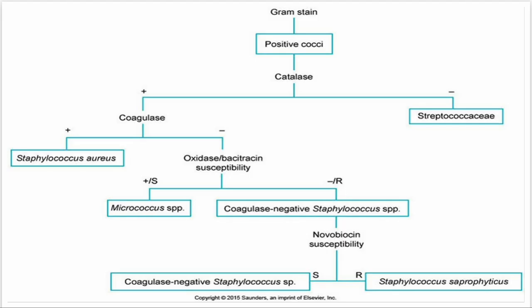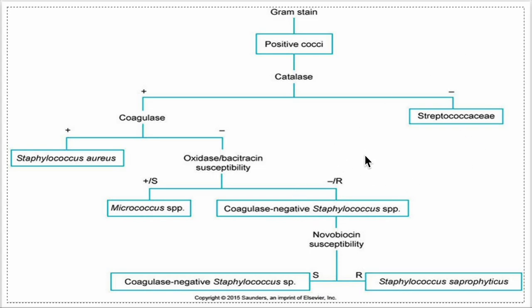All right. So you can see on the screen right now, we are starting with staph. And these workflows are great. I definitely recommend doing them on your own so that you can recall them while you're in the test. You can work your way down gram stain positive, cocci, catalase positive, coagulase, and that splits the Staph aureus from the coagulase negative options over here.